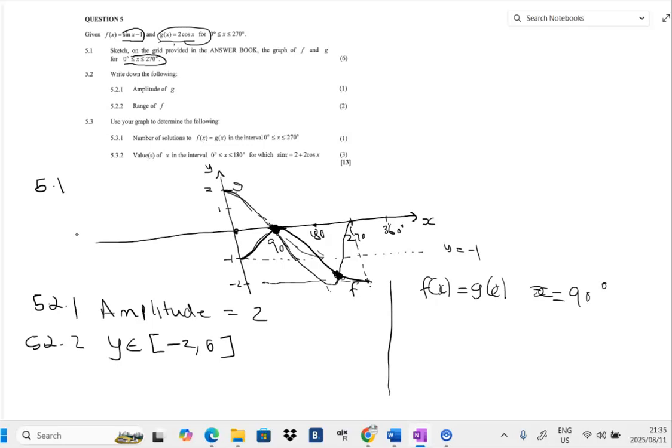Okay, the last question says values of x for which, from interval 0 to 180, sine of x and cosine are equal. If we have sine of x, this is how sine of x is going to look like up to 180.